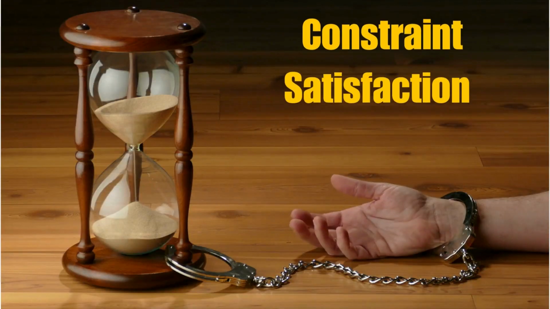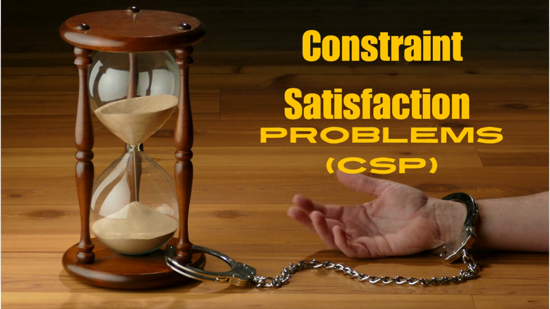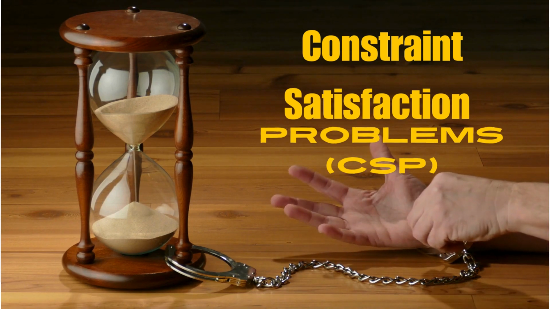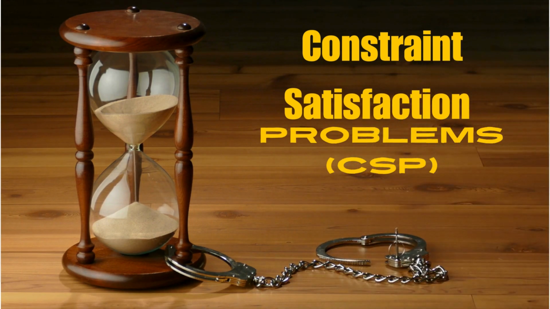So the first concept that you need to remember regarding how cryptarithmetic problems relate to AI is constraint satisfaction problems. These are CSPs. What is a CSP, or a constraint satisfaction problem? Basically, cryptarithmetic problems are a type of CSP where the solution must satisfy specific rules. No two letters can map to the same digit.